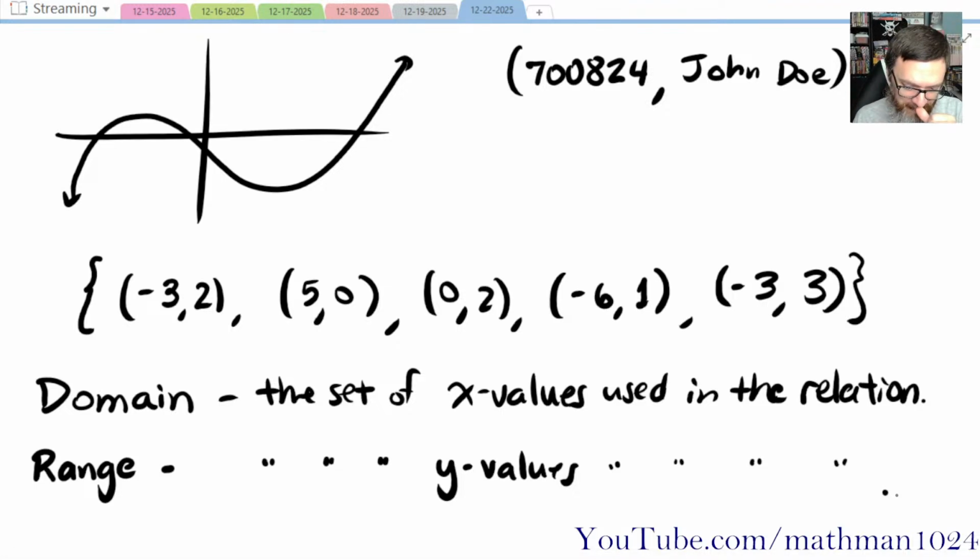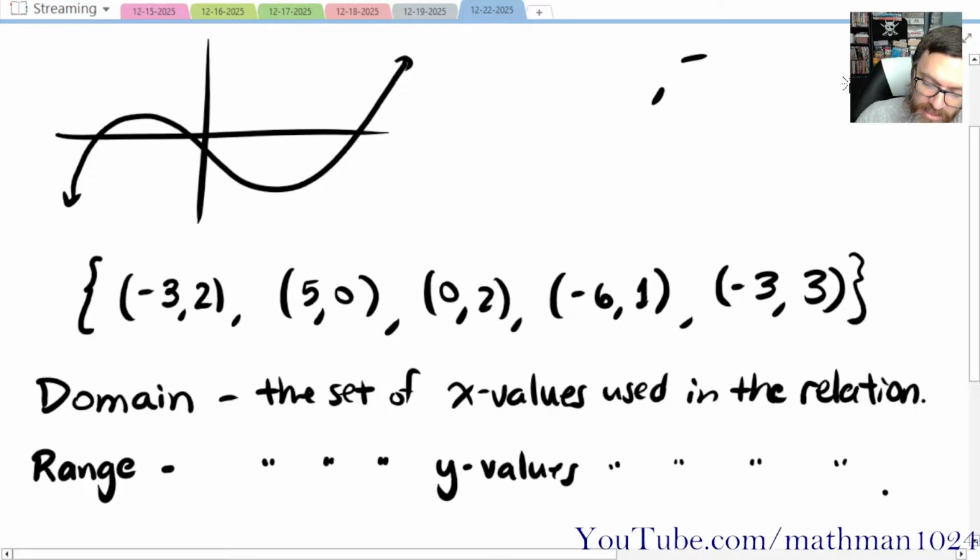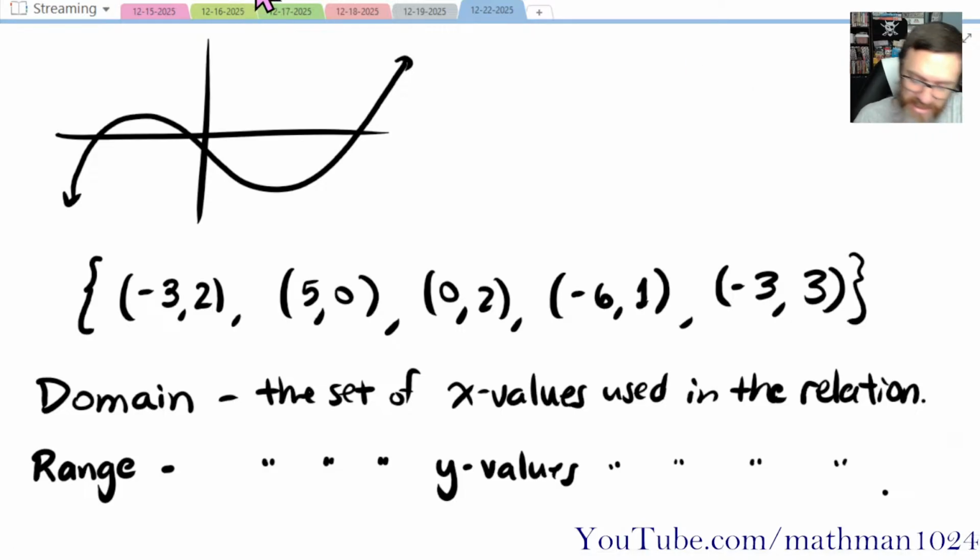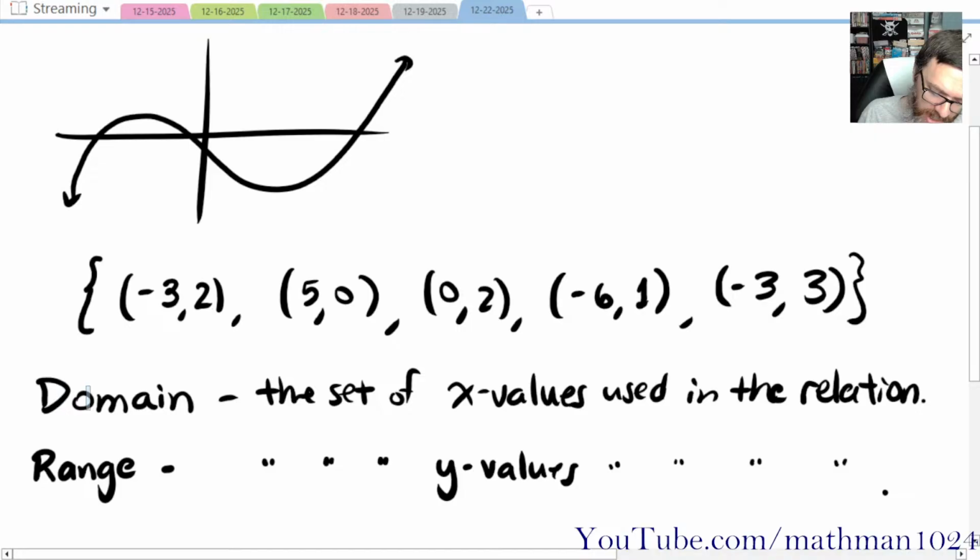That's it. So if we were to look at the example that I have up here, this graph, I'm going to tend to do domain in blue, and I'm going to do range in pink, as long as I remember that's what I'm saying right now.